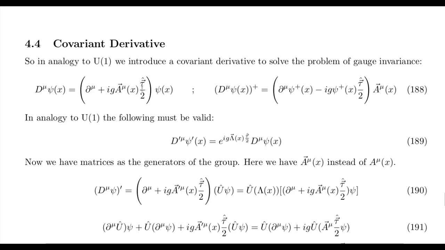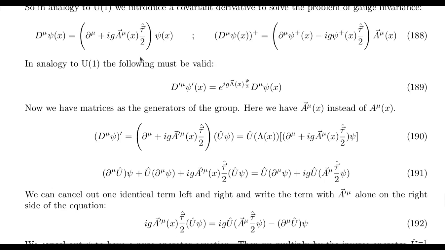So we multiply with a matrix, and that means we have not only A mu, but another vector with three components in the isospin space. We could say that A mu is a 4 times 3 component quantity. Here is the hermitian conjugated version.